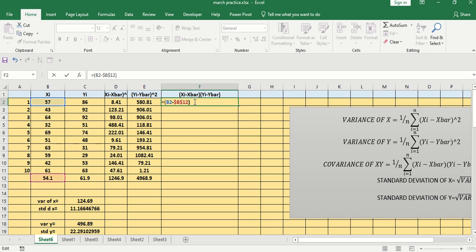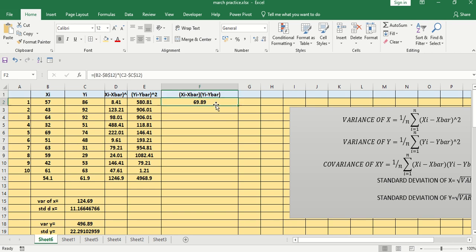Look at the sign for multiplication, it is the star. Then open the bracket, click yi, minus its mean. Remember to bind it. Then close the bracket and click enter.